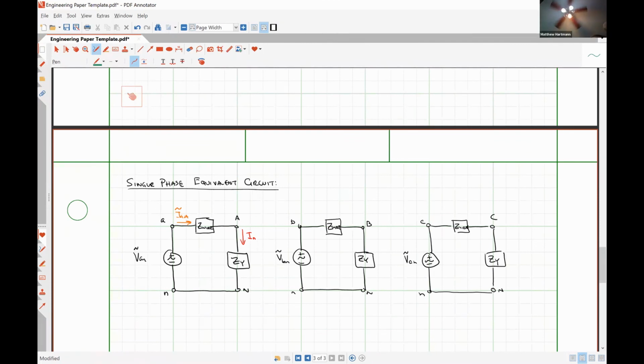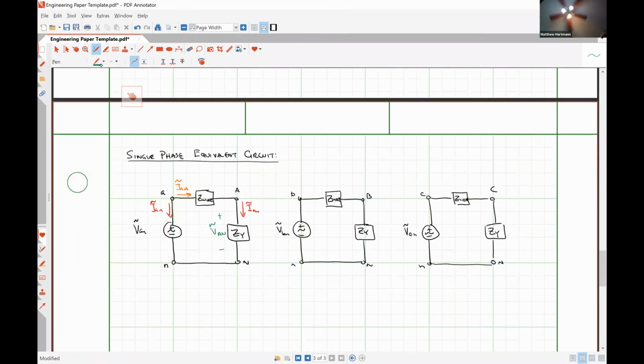critical pieces of information about the behavior of a circuit that we can get by looking at this as a single phase equivalent circuit. And then we can use these results and our original circuit in order to get effectively everything else.